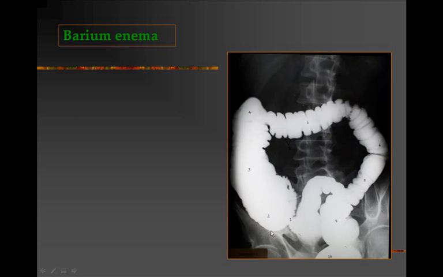Here is the cecum, the ascending colon, the hepatic flexure, the transverse colon, the splenic flexure, the descending colon, and the rectum. Note the pattern of the haustrations seen in the colon.